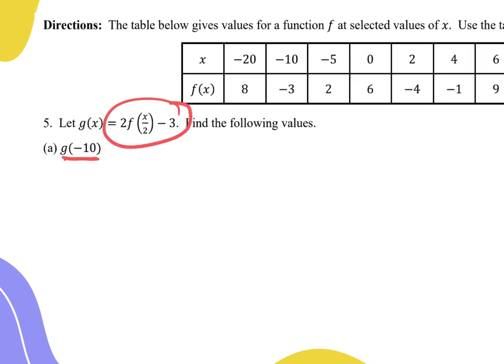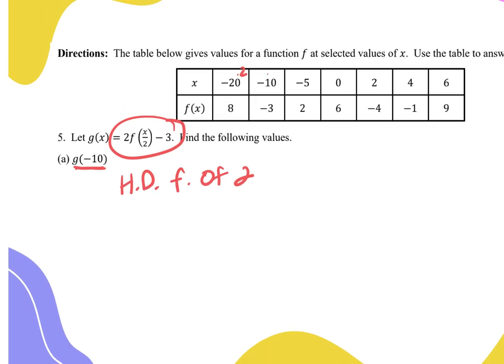Which of these are going to affect your x values? The inside. Okay, this has an x over 2. What does that mean? This is a horizontal dilation by a factor of? Good, factor of 2. So I would be multiplying all of these by 2. But really, I just want the one that's going to result in negative 10, which is this guy. 2 times negative 5 is going to become negative 10.